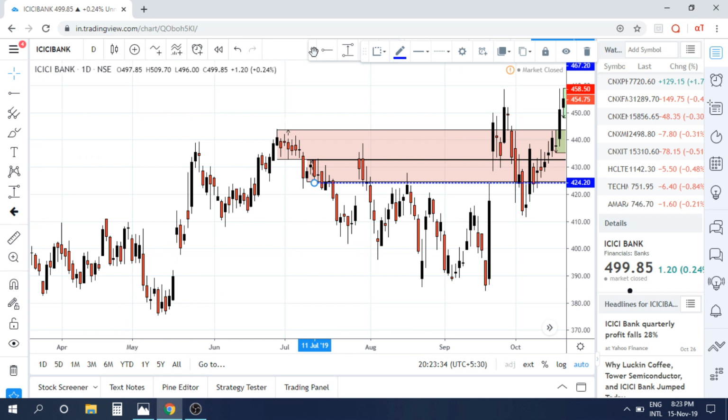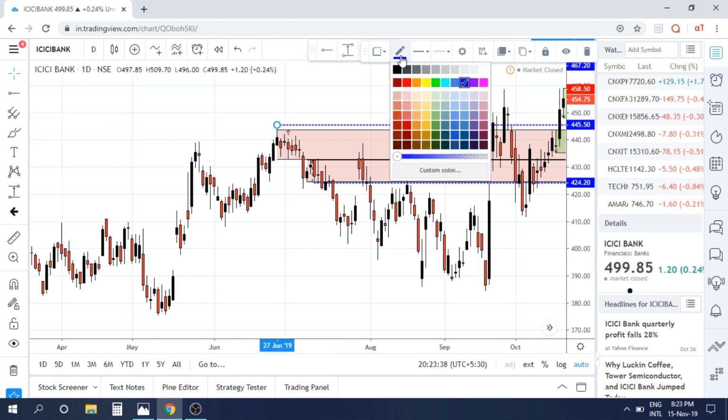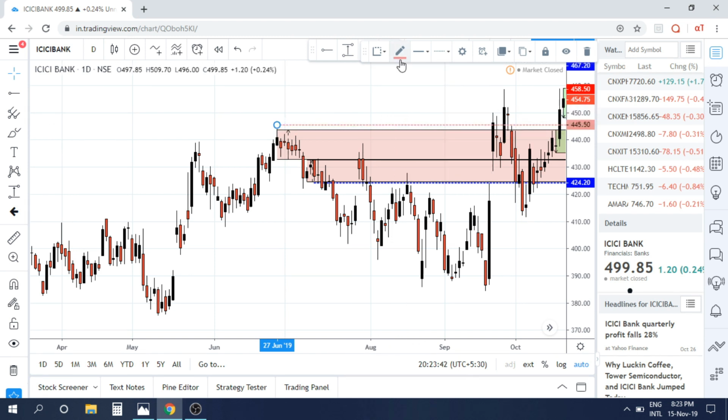Stop loss must always be kept slightly above the combined stack zone. So somewhere over here, right above this second one, the combined stack zone.